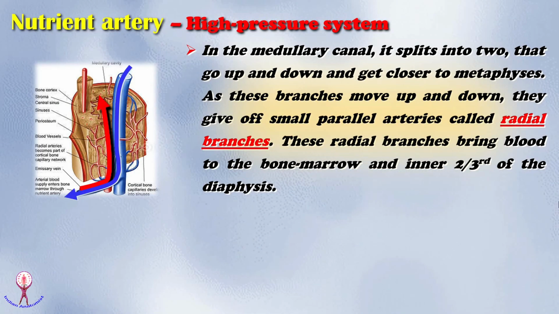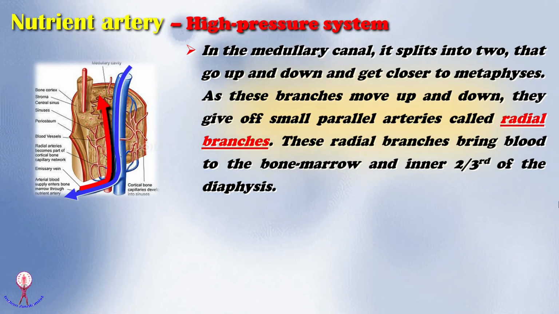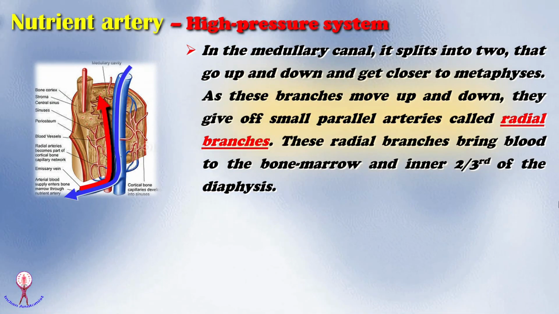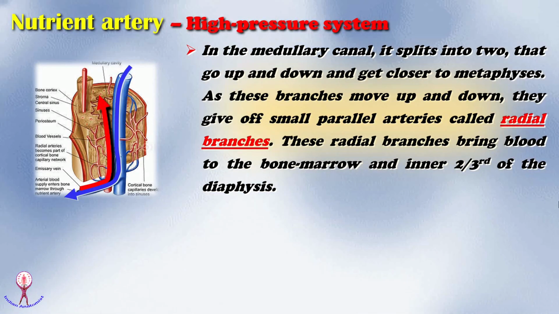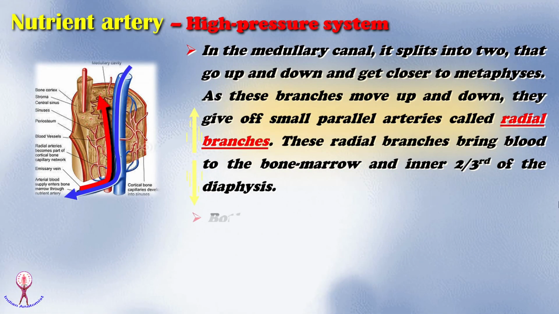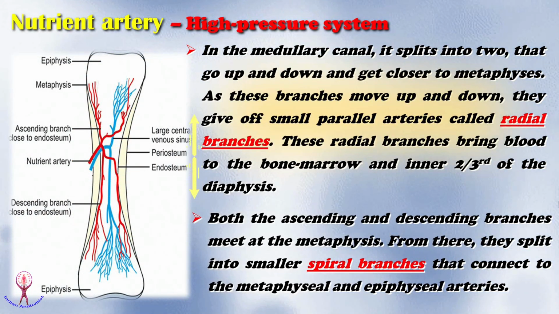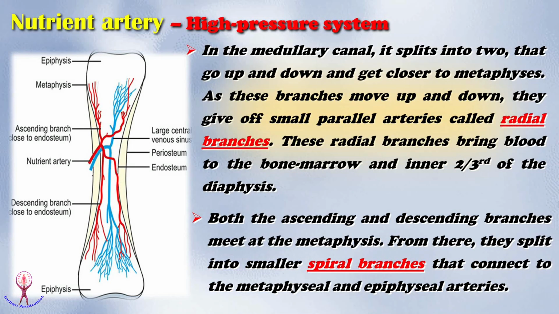As these branches move up and down, they give off small parallel arteries called radial branches. These radial branches bring blood to the bone marrow and inner two-thirds of the diaphysis. Both the ascending and descending branches meet at the metaphysis. From there, they split into smaller spiral branches that connect to the metaphyseal and epiphyseal arteries.